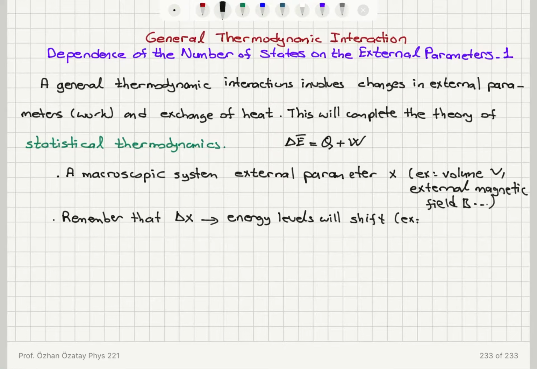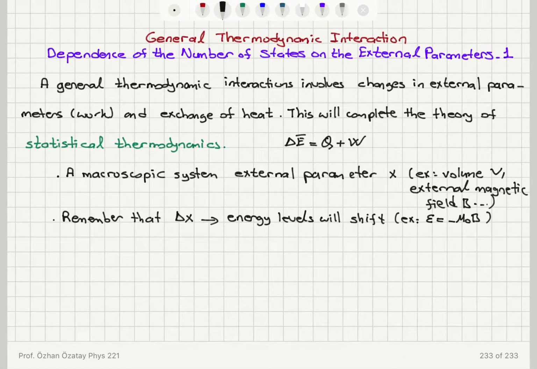Example, the energy of a spin in a magnetic field, if the spin has a magnetic moment mu 0, it is minus mu 0 B when the moment is aligned with the external field, and as you can see, as B changes, the energy level of the system changes. So it basically affects the energy levels.